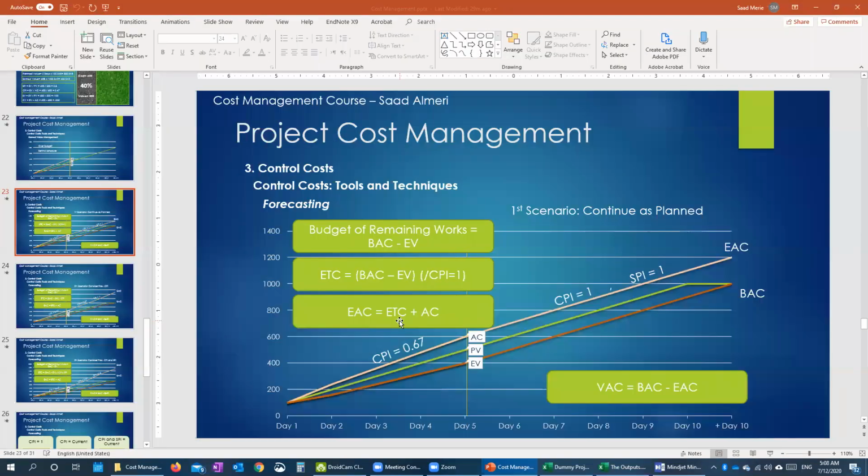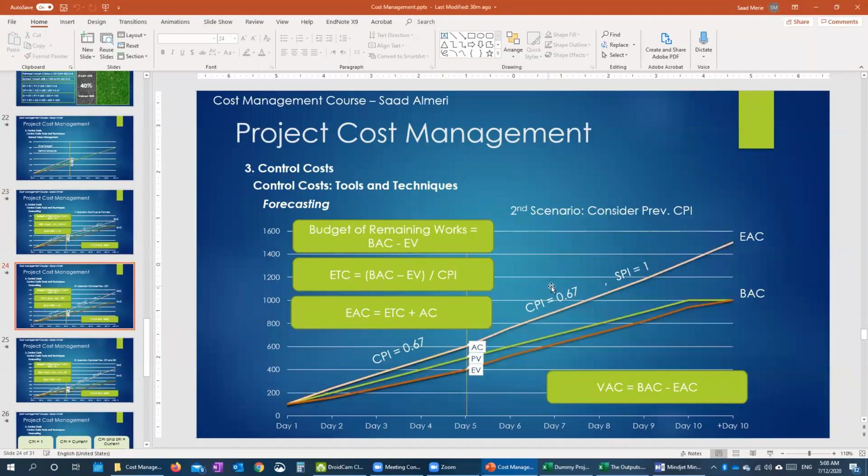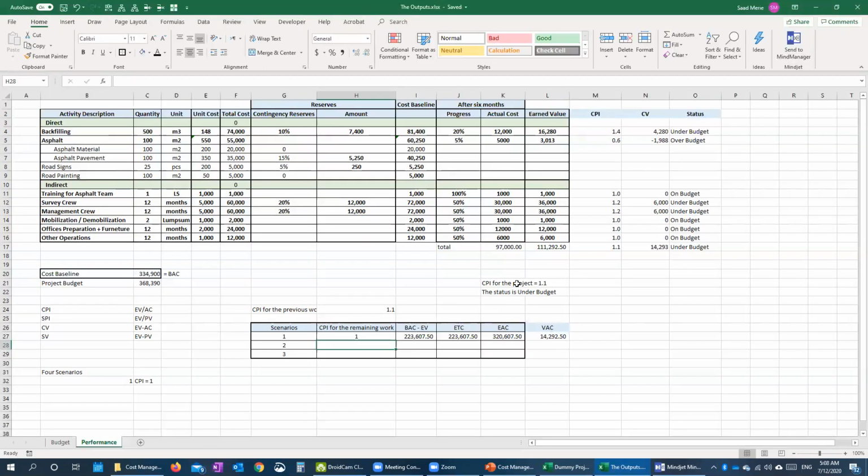The next scenario is the CPI continuing as the previous CPI. So if we did well in the first part of the project, we are going to do well in the remaining part. The formula of the remaining work will not change, so we will have the same formula here.